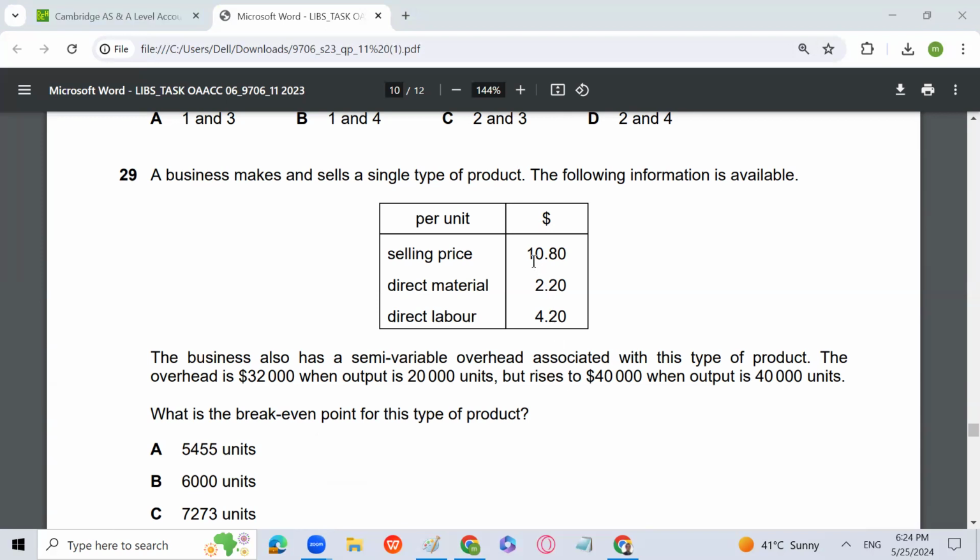Contribution per unit is available: 10.8 minus variable cost, which is 6.4. So 10.8 minus 6.4, we will get 4.4. So 4.4 is going to be the contribution per unit.